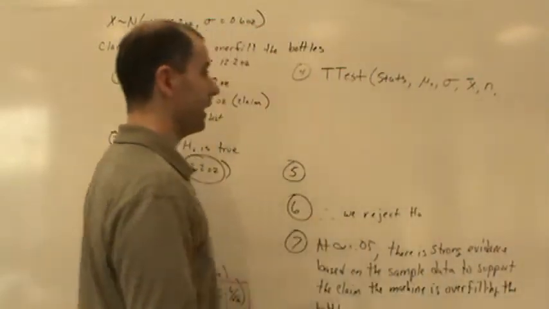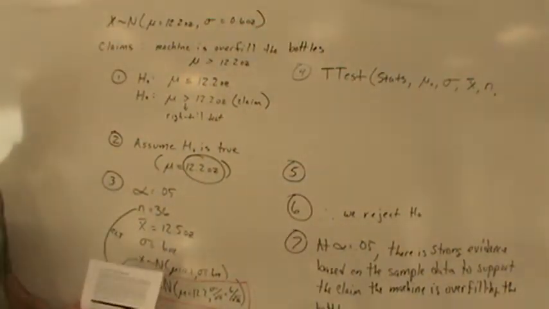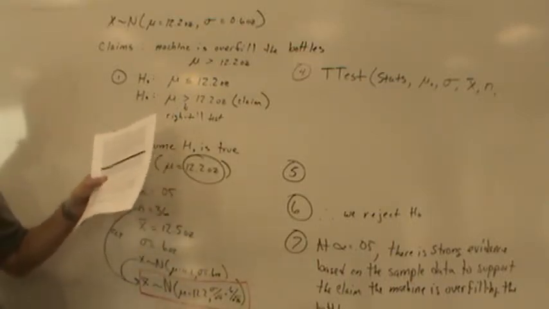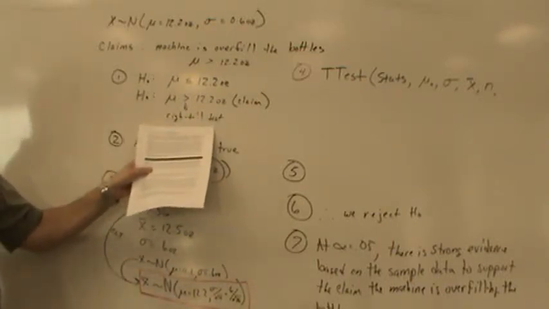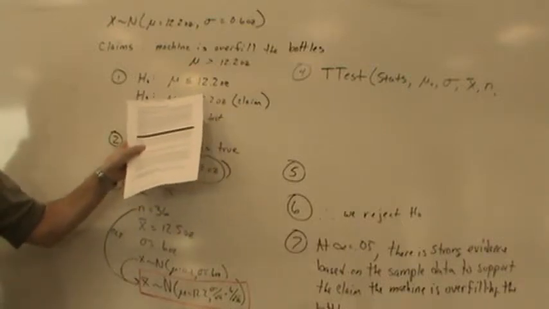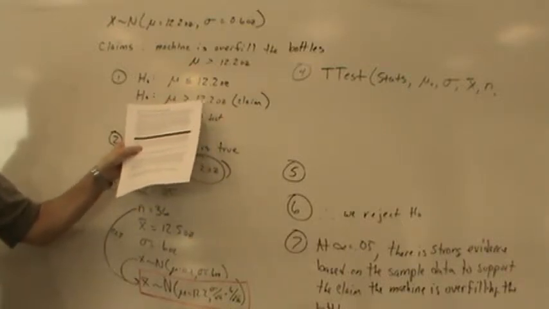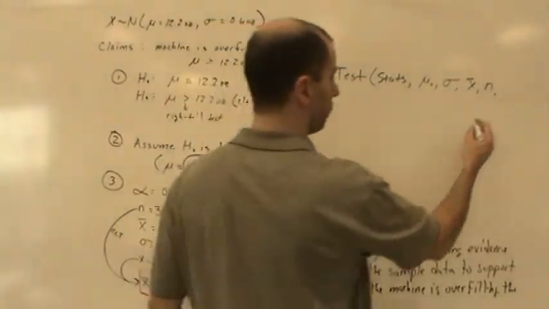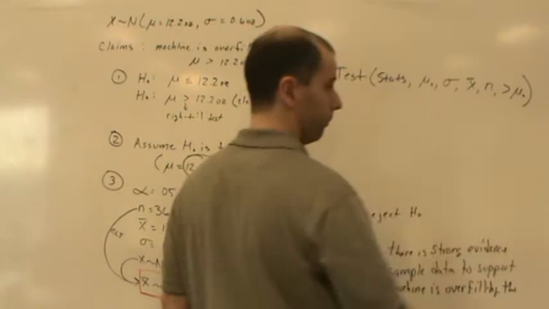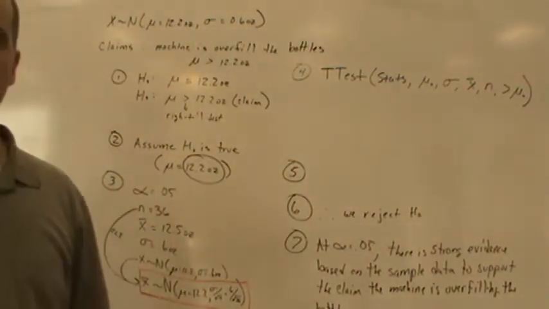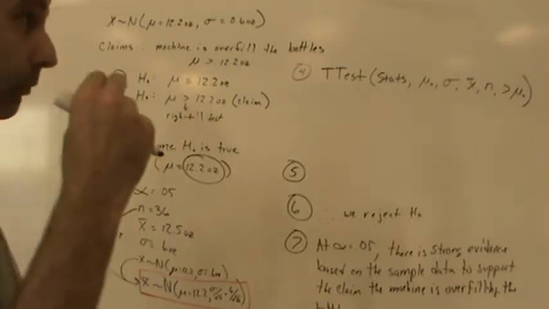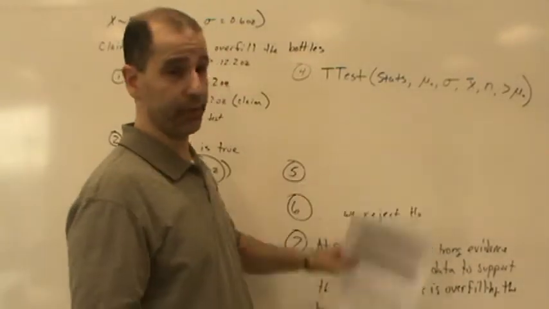The last thing you need to tell the calculator is what alternative hypothesis you are testing. So make sure you put in greater than mu naught. It's got to be greater than. And then you're going to choose calculate.